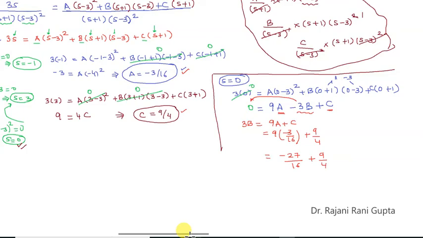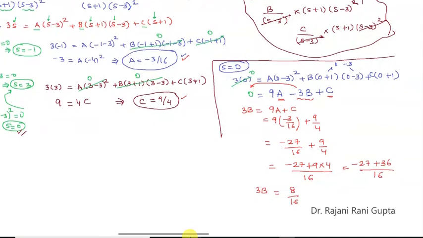It's okay, you can use your calculator if you want, or otherwise you can solve it the way I am solving. Minus 27 plus 9 times 4, which on further calculation gives you minus 27 plus 36 over 16, which gives you 8 over 16. So 3B is 8 over 16.